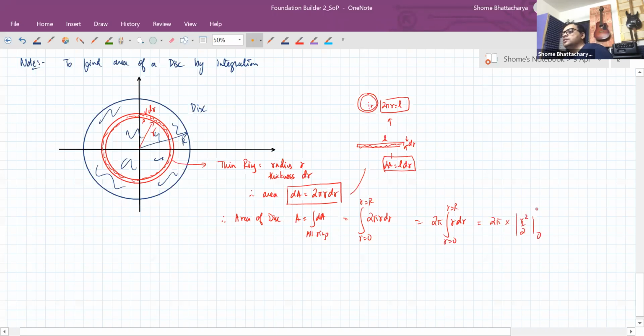On substituting the limits and all that, we get the area of the disk as pi R square. So this is in fact a geometrical formula which we are proving by using calculus.